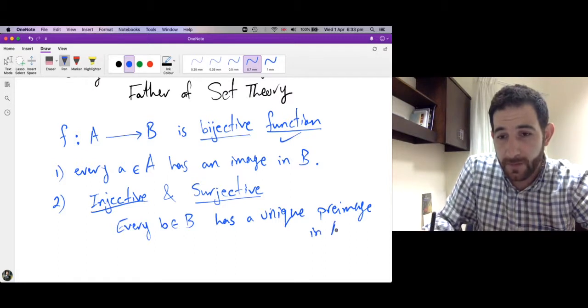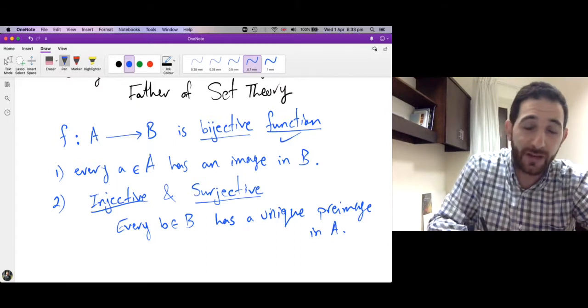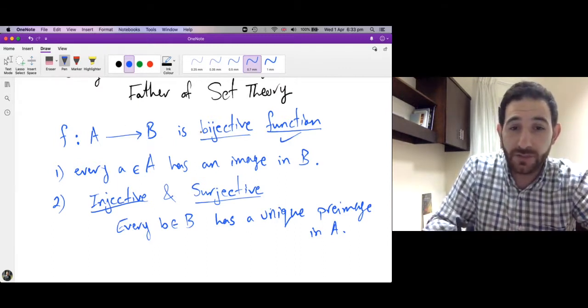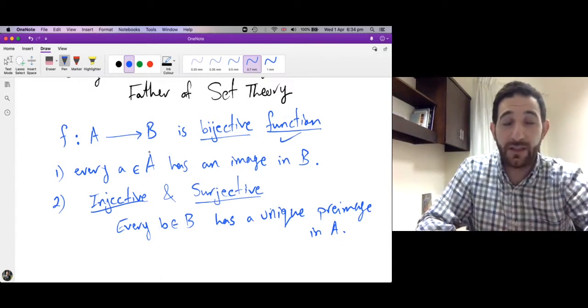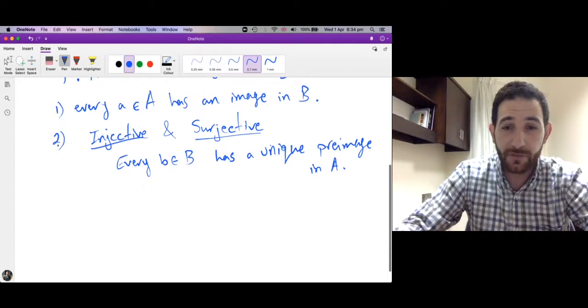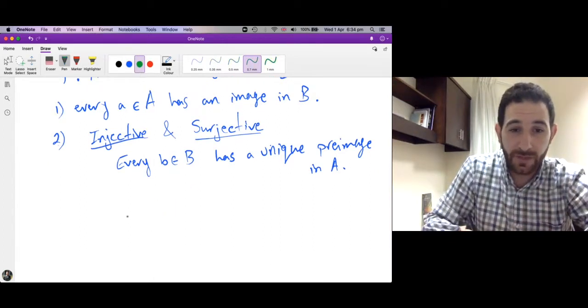So since we know it's a function, we know number one, that every element in A has a unique or one image. And since we know it's bijective, we know vice versa, that every element in B has a unique pre-image. So these pieces of information, that it's a bijective function, will give us the following picture.